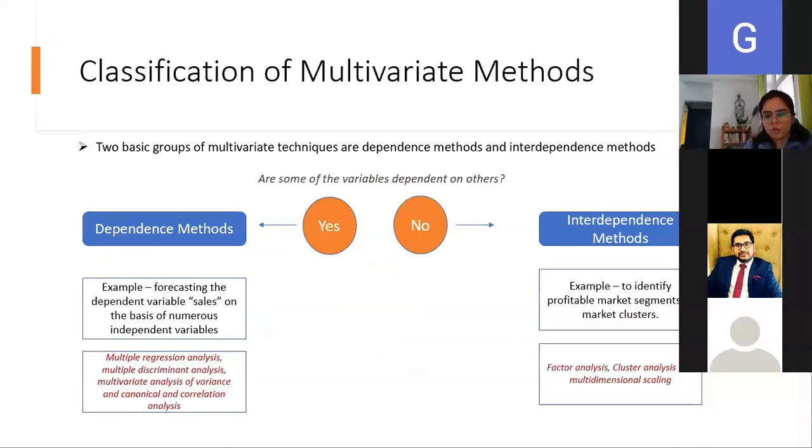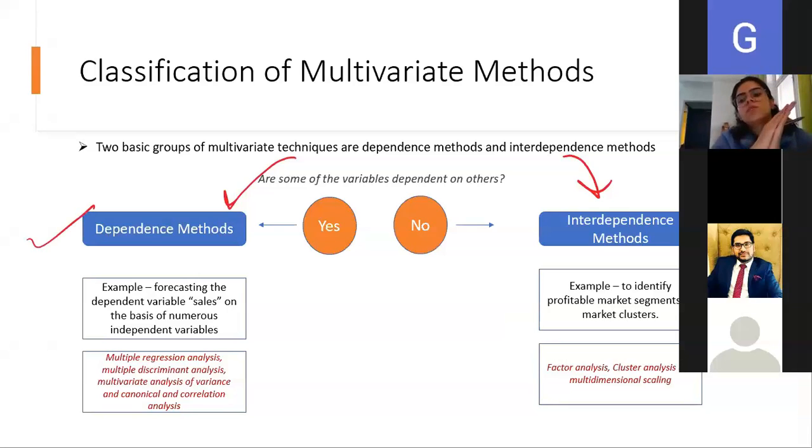So for multivariate methods, there are two different ways. Multiple regression, factor analysis, all these fall in these two categories. Two basic groups of multivariate techniques are dependence methods and interdependence methods. What is a dependence method?